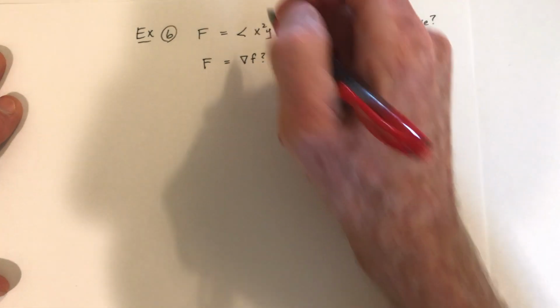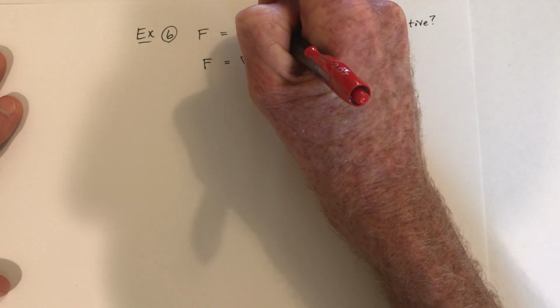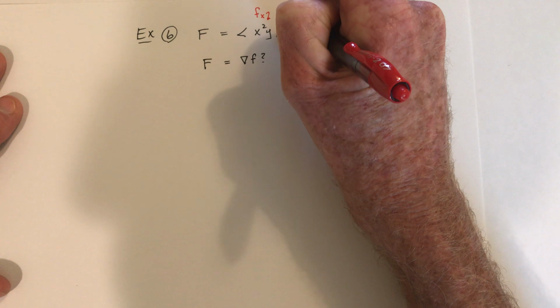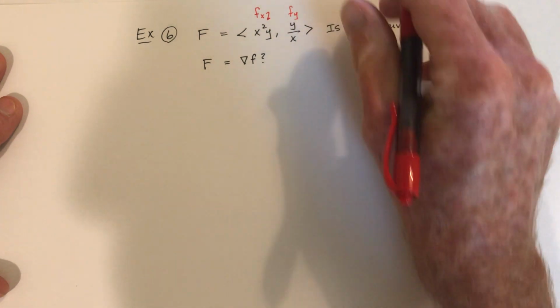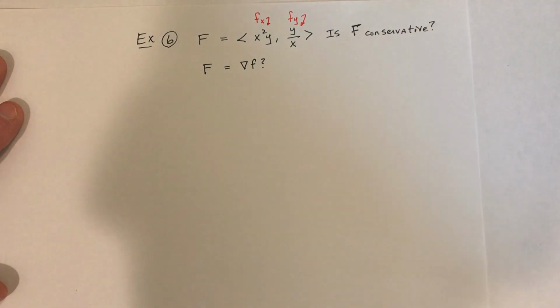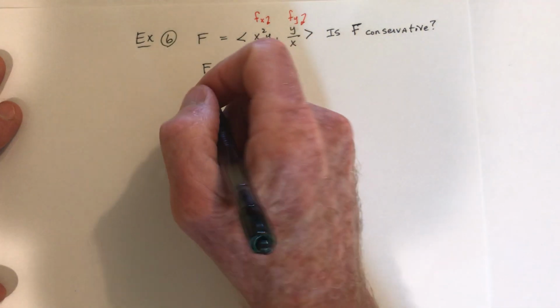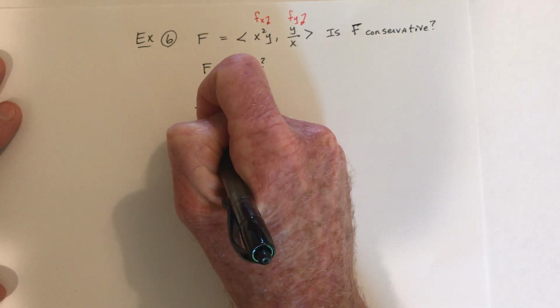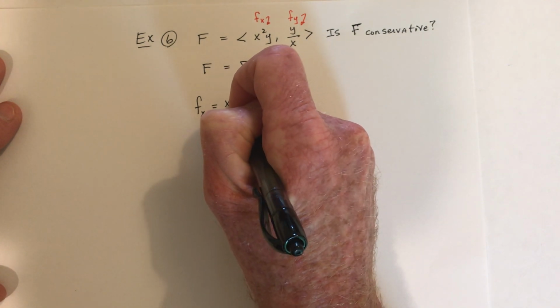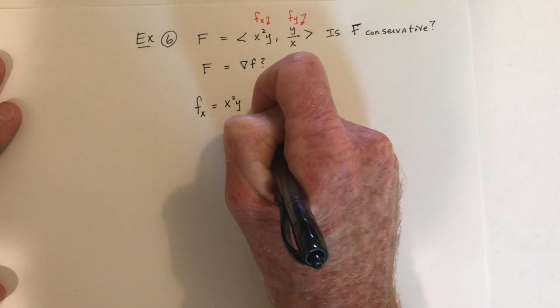Well, if so, then take the derivative of f with respect to x and you'll get this. Take the derivative of f with respect to y and you'll get this. So in other words, is there some function that the derivative with respect to x is equal to x squared times y?